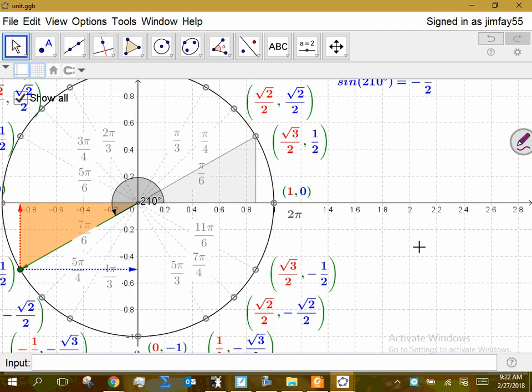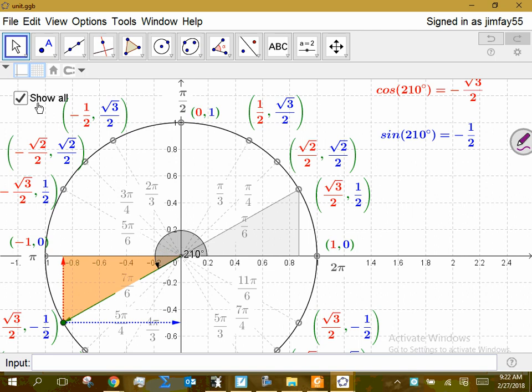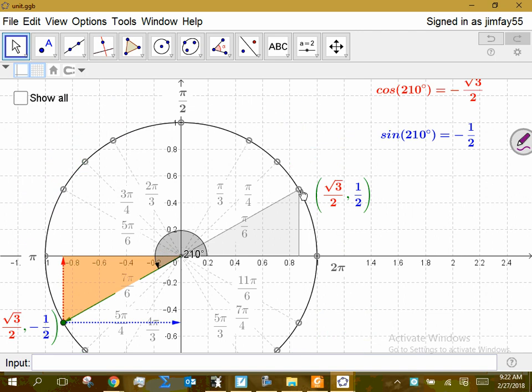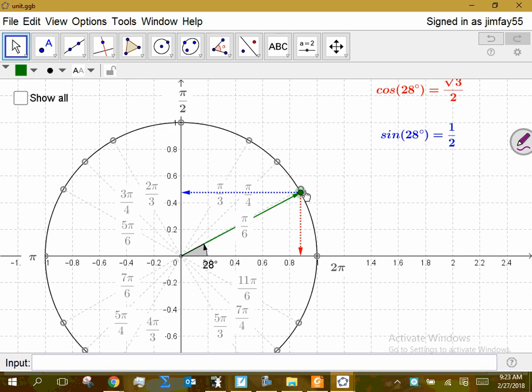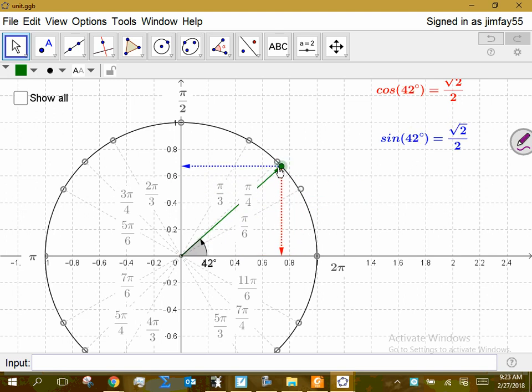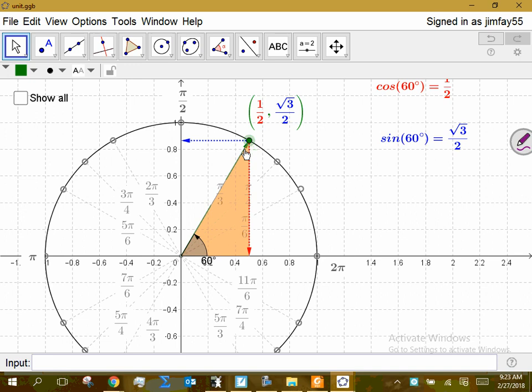Now, what's nice, and we've talked about this the last couple days, you really only need to learn that ordered pair, that one, and that one. Because they're all replicated over here using symmetry in the second, third, and fourth quadrants.